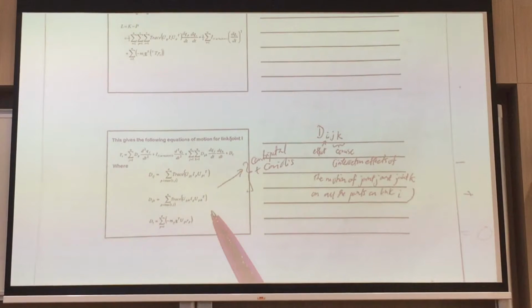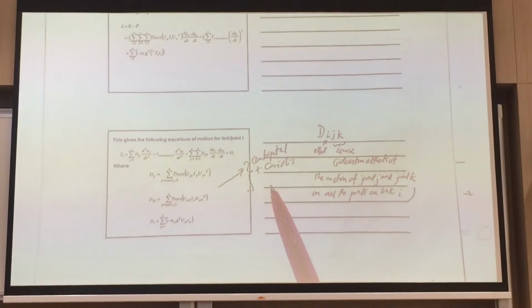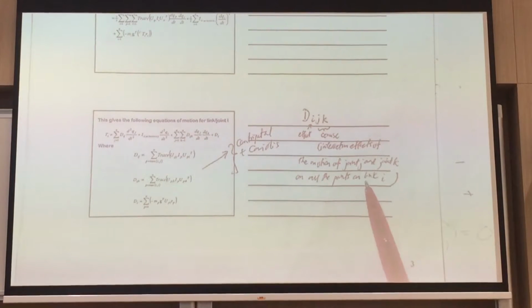The final equation of motion, you have the three types of D terms, and they are related to the centripetal and Coriolis. And what does the IGK mean? I already did the explanation just now. If you want, you can just copy down this point. This is an important summary of what the D term means.